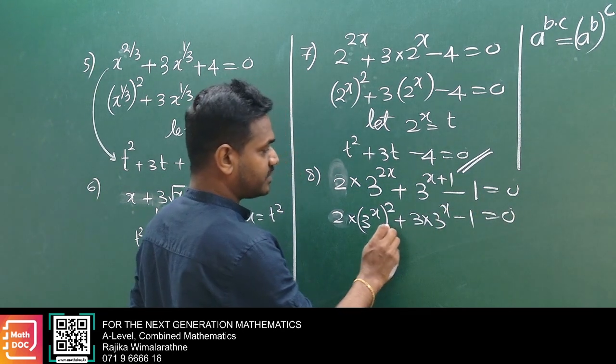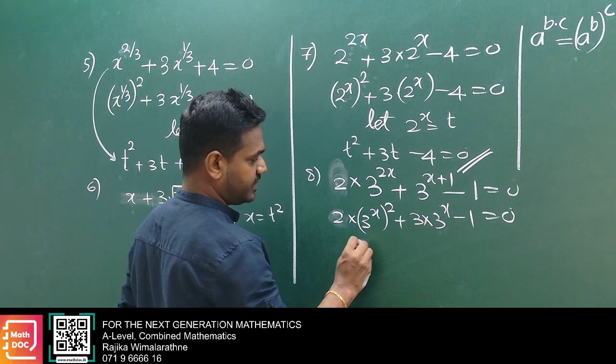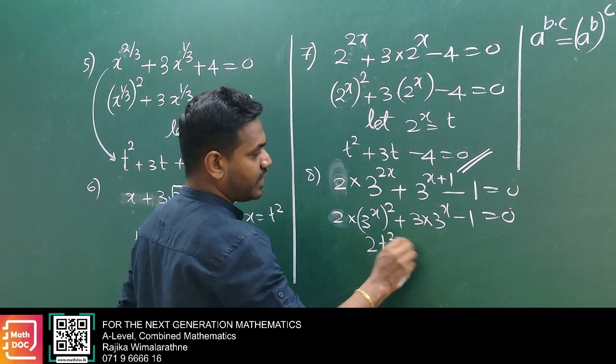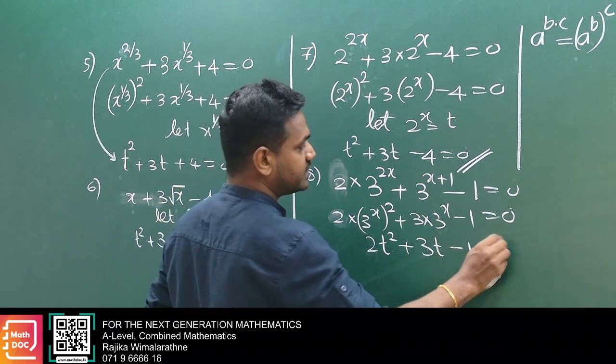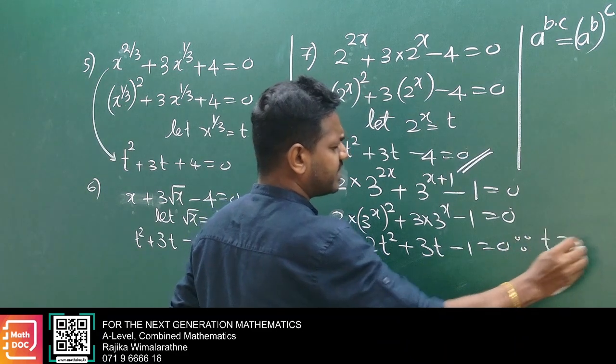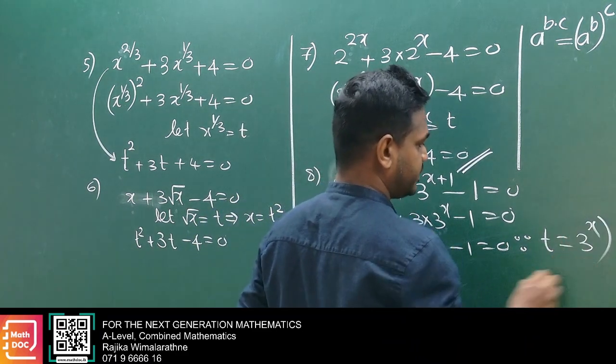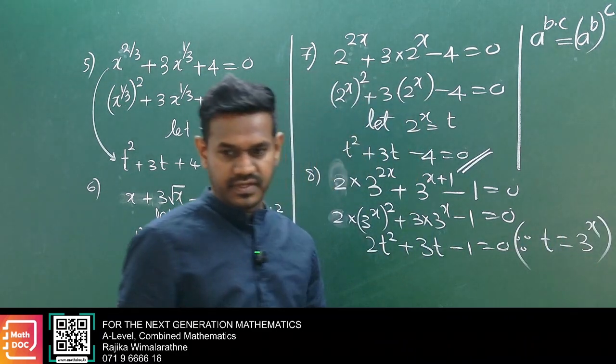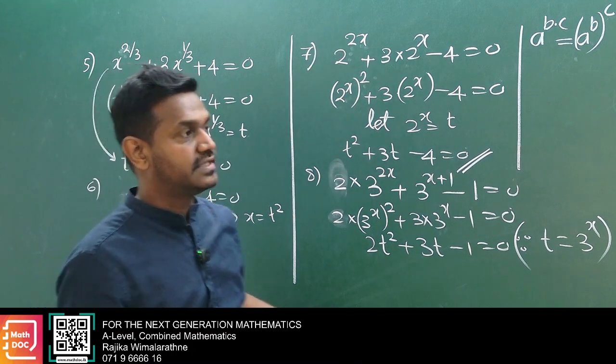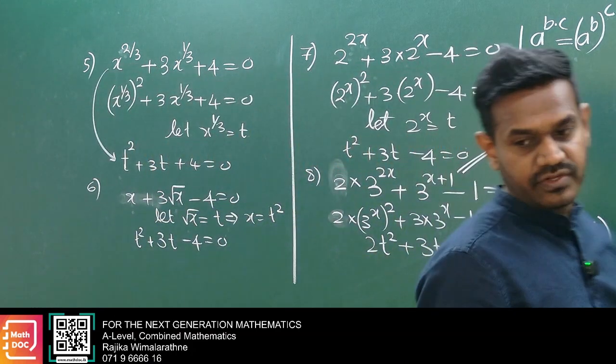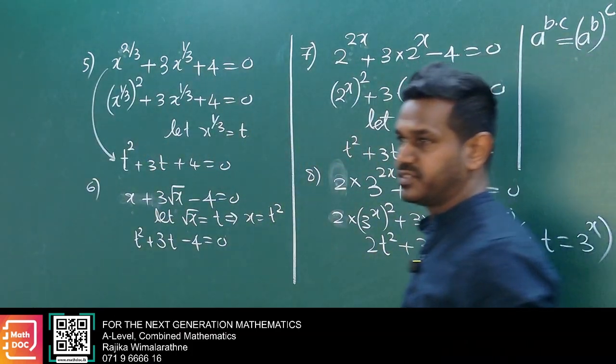Now you had better take a substitution: 3 to the power x equals t, then 2t squared plus 3t minus 10 equals 0. Likewise you can reduce. You have to think substitution.